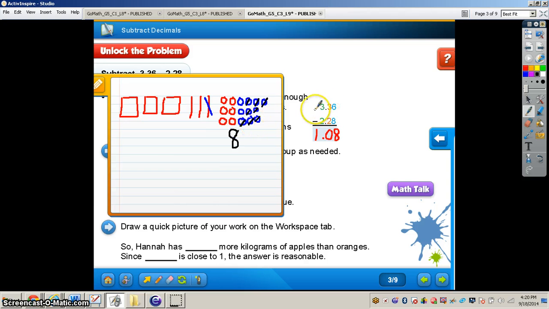Now we need to take away 2 tenths. So take away these 2. 1, 2. So we don't have any tenths at all. And then take away 2 ones. 1, 2. And then we have 1, 1. All right, so 1 and 8 hundredths.